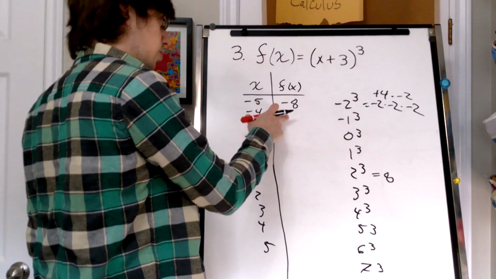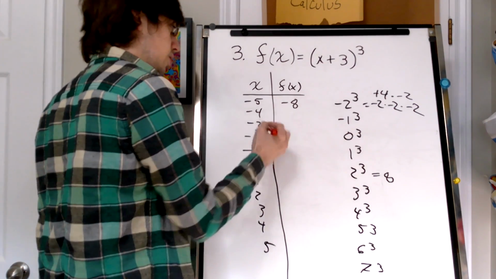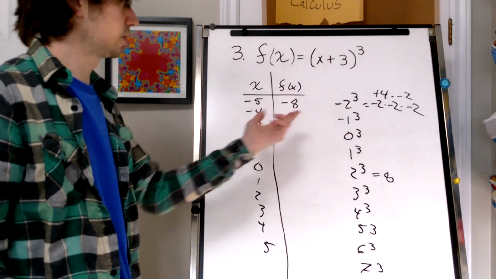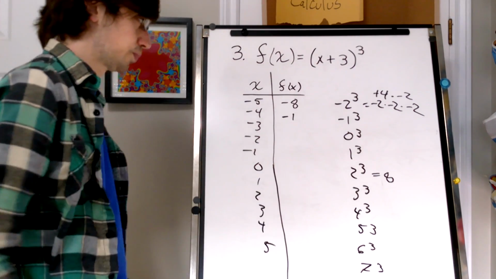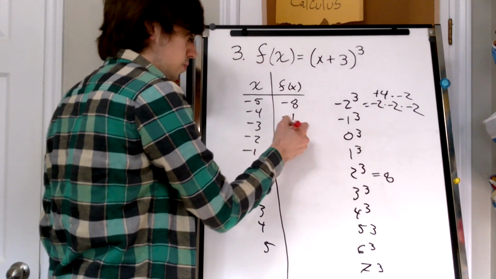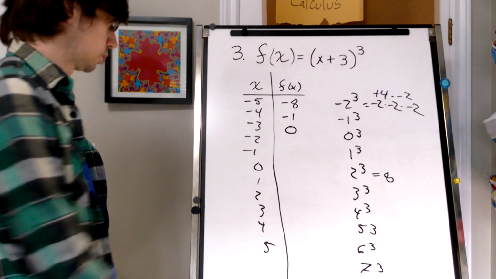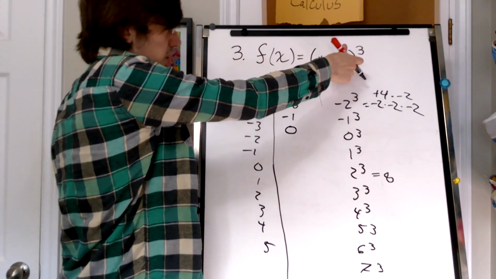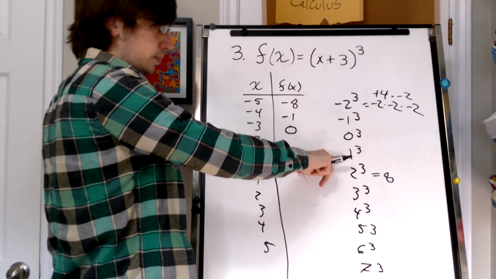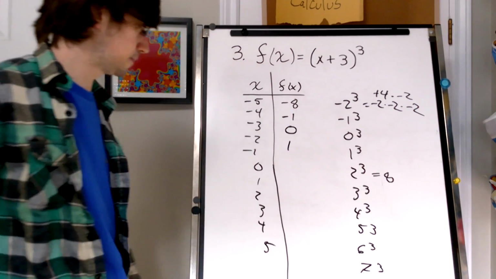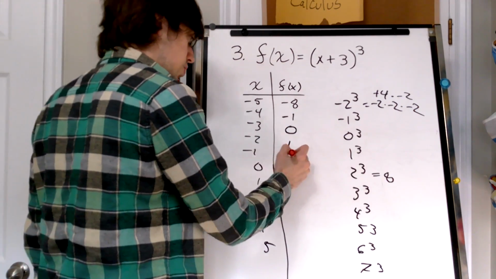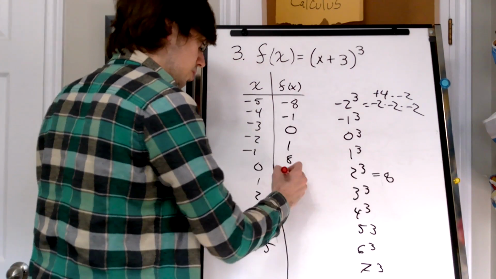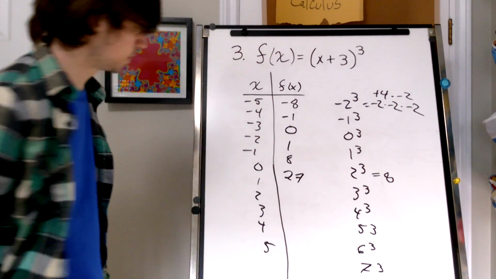Let's just keep going here though. -1 cubed is -1 times -1 times -1, which is -1. 0 times 0 times 0 is 0. 1 times 1 times 1 is 1. 2 cubed is 8. 3 cubed, 3 times 3 times 3, is 27.